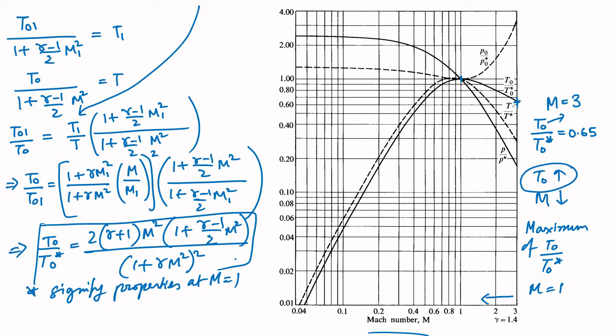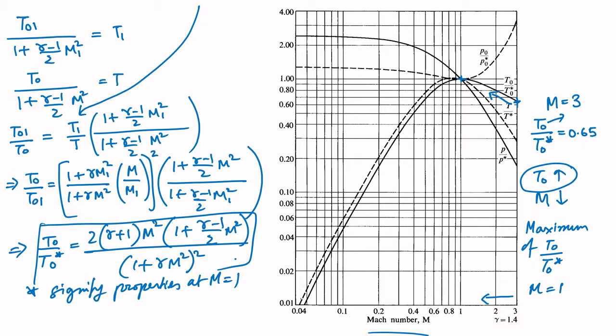If you are adding heat which raises T0, it immediately progresses in this direction, and you can add heat only up to this point where your Mach number is equal to 1, because after that this line drops. That is the point beyond which you cannot add any more heat, and that is where the flow is choked, corresponding to the sonic conditions, M equal to 1. So, this is called thermal choking, that is choking by heat addition.